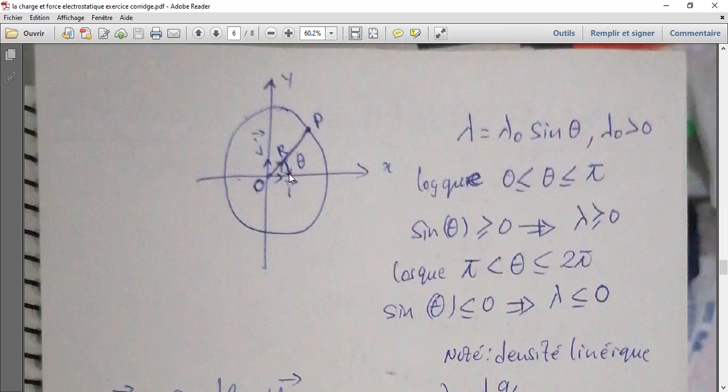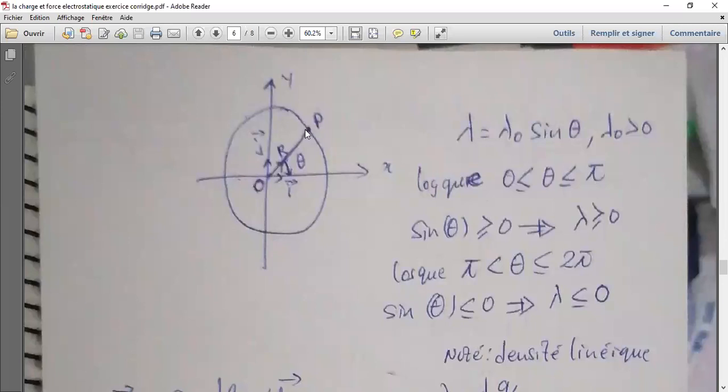We have said that rho is the radius, if you still remember the coordinate polaire. So the M M prime is equal to d rho vector e rho, plus rho d theta, vector e theta. And here you have the radius r, which is just equal to rho.